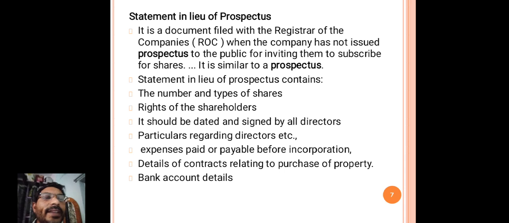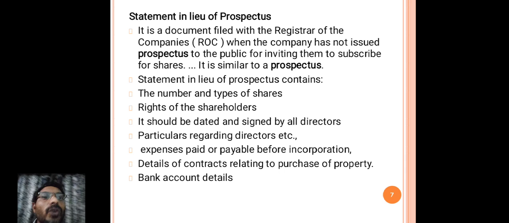Details of contracts relating to purchase of property: any kind of property that they are going to use in the business, they will make an agreement with the persons, and those details are clearly mentioned in this statement in lieu of prospectus.